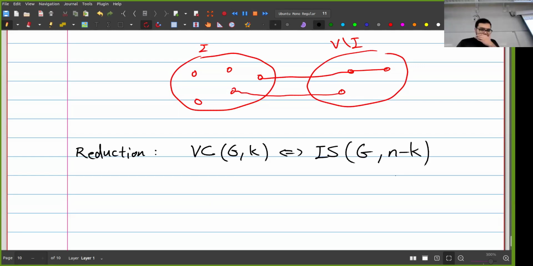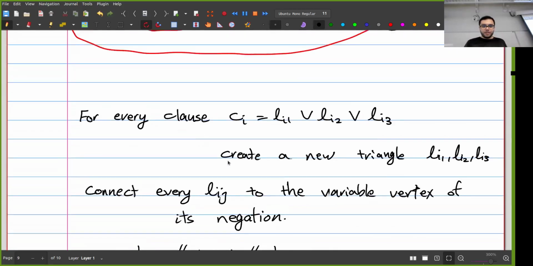Now this means that if I have an algorithm that solves vertex cover in polynomial time, I also have an algorithm that solves independent set in polynomial time. And by the way, this was a two-sided reduction. So I didn't just reduce independent set to vertex cover, I also reduced vertex cover to independent set. So if I have an algorithm for any of them, I have an algorithm for both of them.